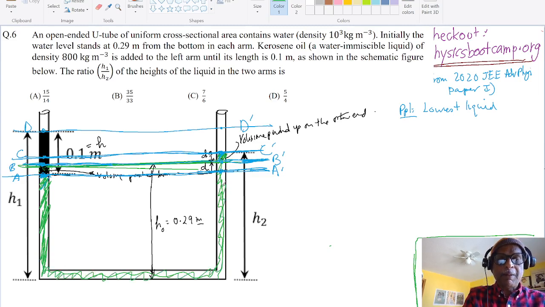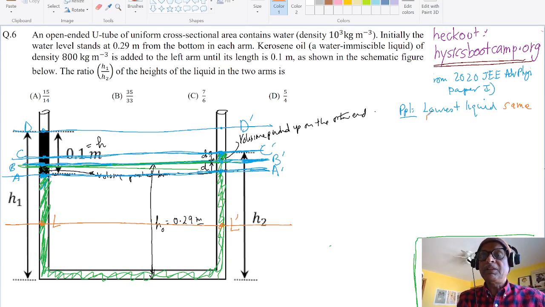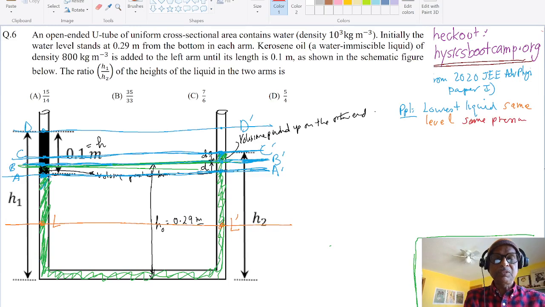In that liquid, any level you pick on the two ends, the pressure at say L and L prime will be equal. Same level, same pressure. Of course this point is arbitrary, so it doesn't help us, even though this principle is true. So the best place is A and A prime.